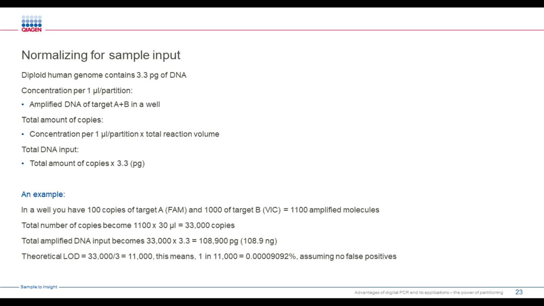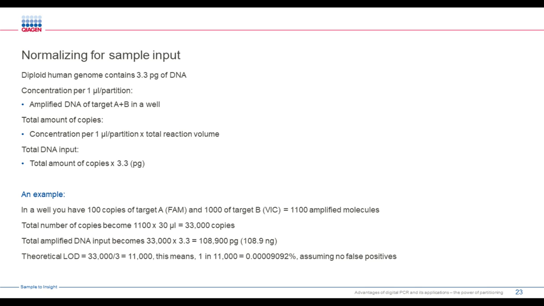And if you use that number times the haploid genome, which is 3.3 picograms of DNA, you are up to 108,900 picograms, which is 108.9 nanograms.